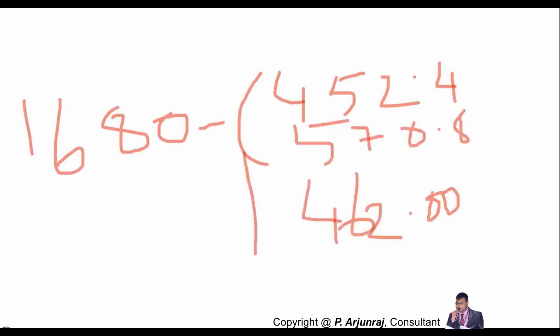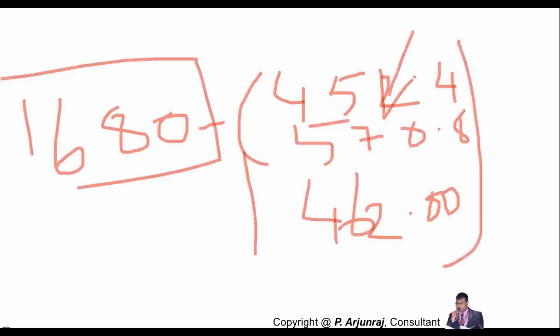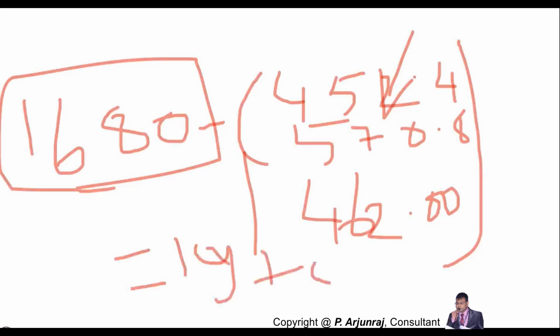So you need to add all this energy distributed and subtract it from the energy supplied. What we get here is the unaccounted loss, which is 197.8. I told you the energy supplied should be equal to energy distributed.